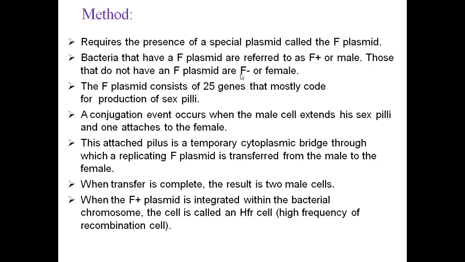A conjugation event occurs when the male cell extends its sex pili and attaches to the female. This attached pilus is a temporary cytoplasmic bridge, the connection between the two cells. It is the cytoplasmic connection through which the replicating F plasmid, including the 25 genes, is transferred from male to female, because the male has the F plus plasmid and the female is F minus.